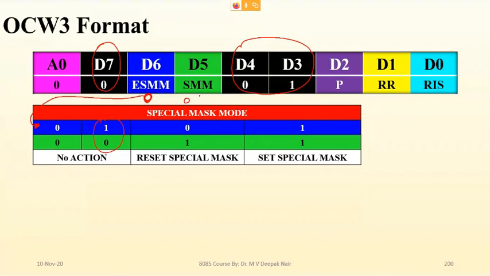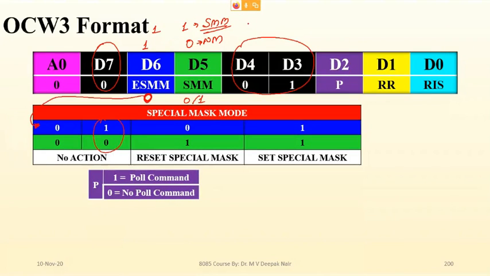Nothing will change, no action will be taken. If it is 1 and 0, this means normal mode. If it is 1 and 1, then we are going into special mask mode.